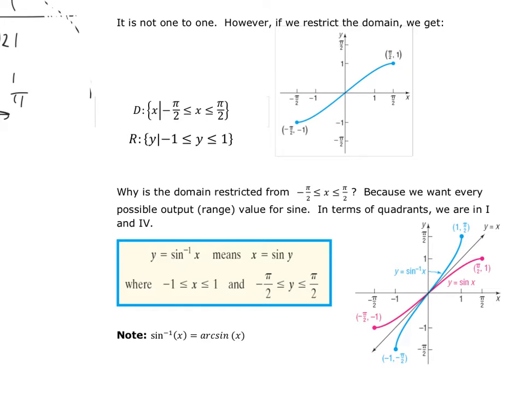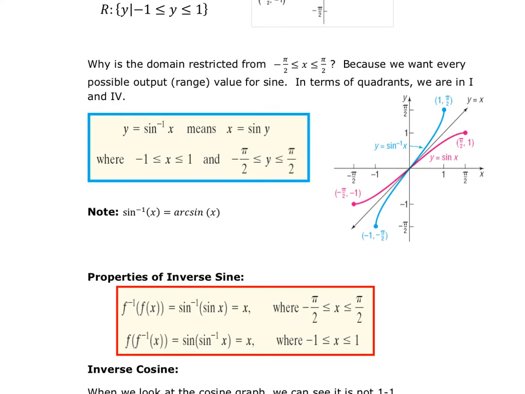There's my domain, there's my range. My original graph down here is in pink, and my inverse is in blue. My domains become ranges, my ranges become domains when I do inverses, because when I have inverses, it says I have the answer, what produced that answer in my original function.